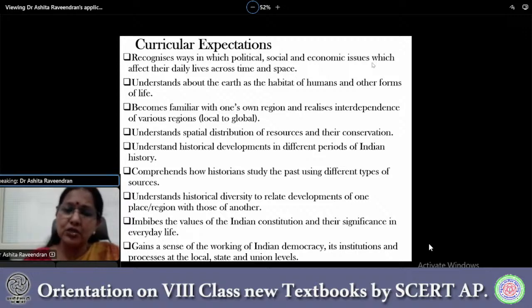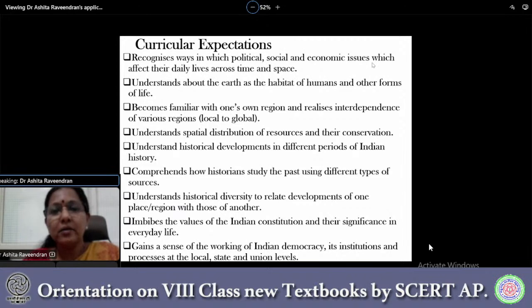There are various institutions which help in imparting these democratic values. So, how democracy is maintained through the institutions, and what role is being played. Here, our aim is not just to provide a rosy picture that our country is a democratic country and it functions very well. We are not giving that.